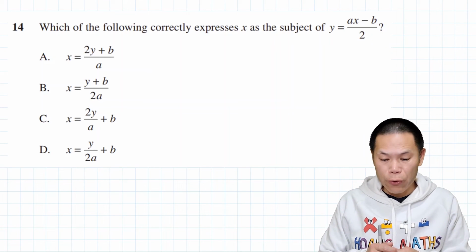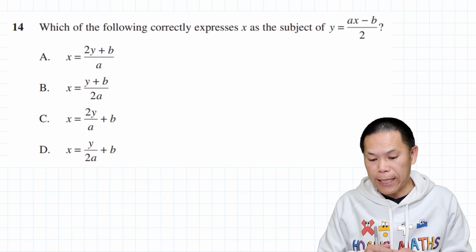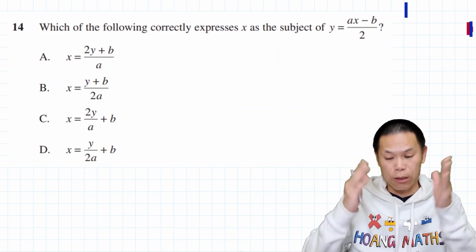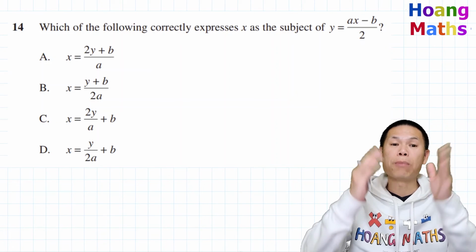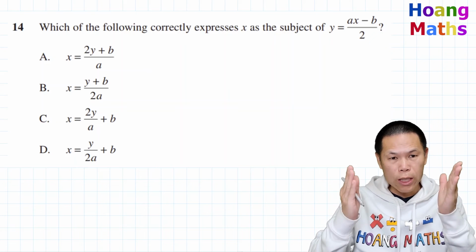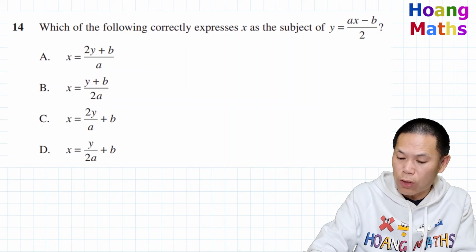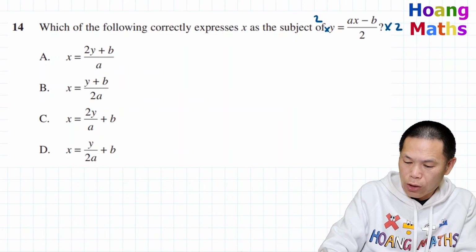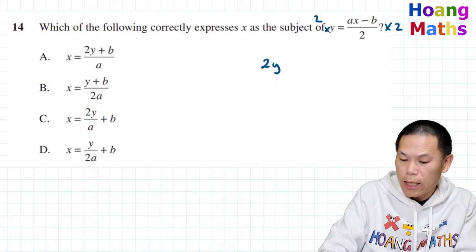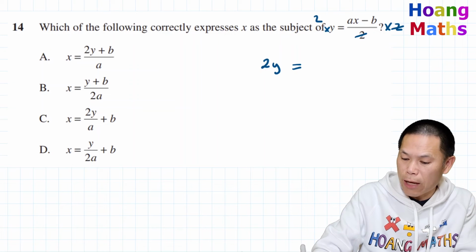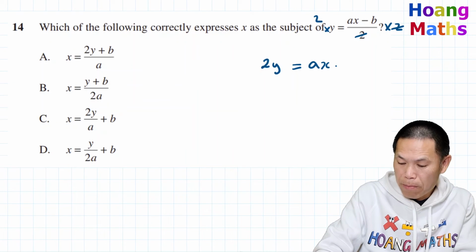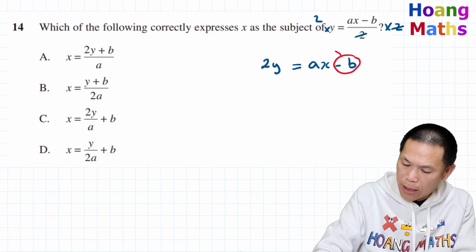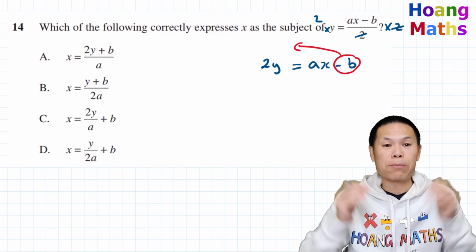Question 14. Which of the following correctly expresses x as the subject of y equals ax minus b over 2? So we need to make x the subject. To work this out, first of all, I need to get rid of the 2. I times 2 here and here. So this becomes 2y is equal to, these 2 cancel out, ax minus b. What I do is move this b to this side because we need to make x by itself.